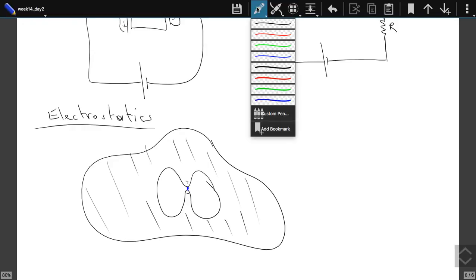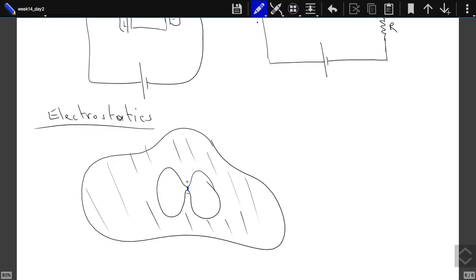Let's not imagine, we have Faraday's law. There is no time dependence over here. Nothing is dependent on time. It's electrostatics, so the line integral of E dot dl should be equal to 0 for any closed loop that you can imagine.